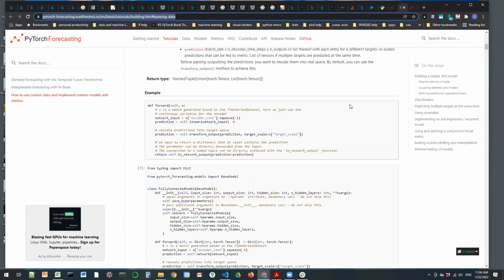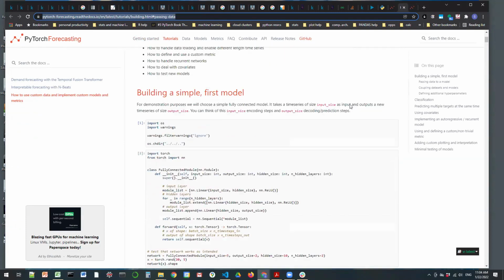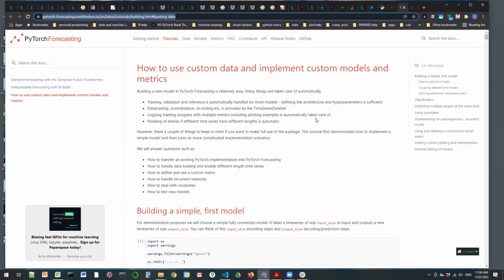I think this one, for example, is what I've just been focusing on, but there may be other examples too, because he also has one that uses NBeats, which I didn't focus on. I focused on this one, the temporal fusion one, primarily because it's multivariate.